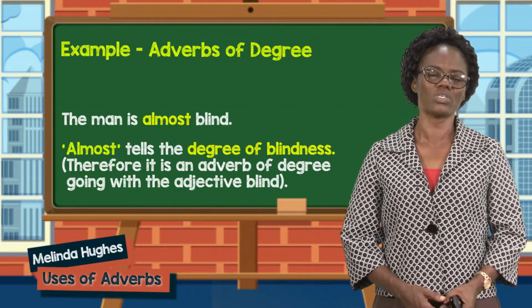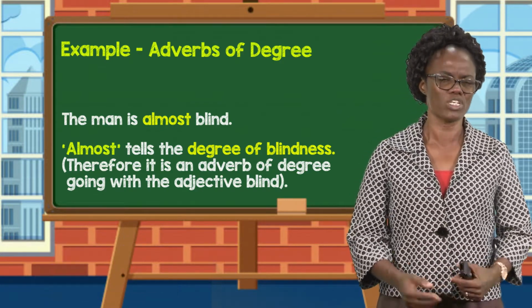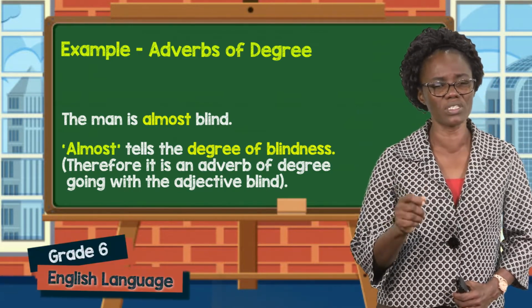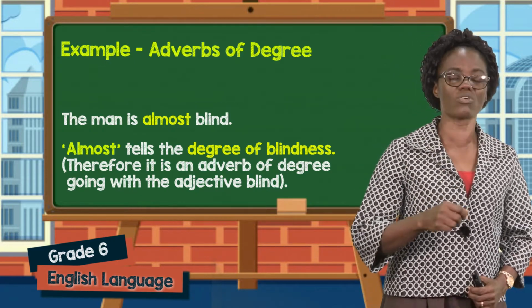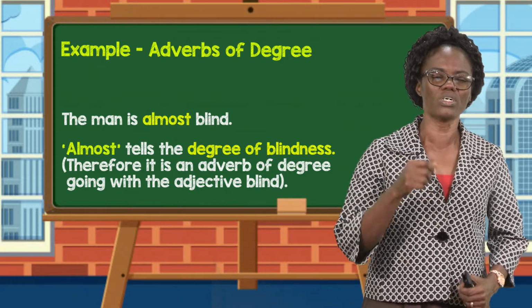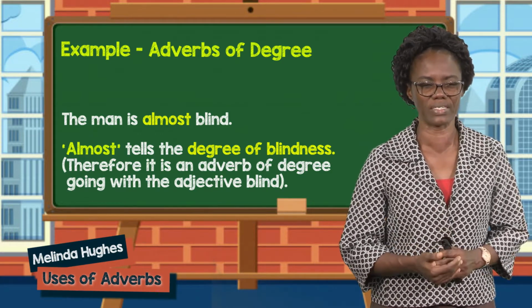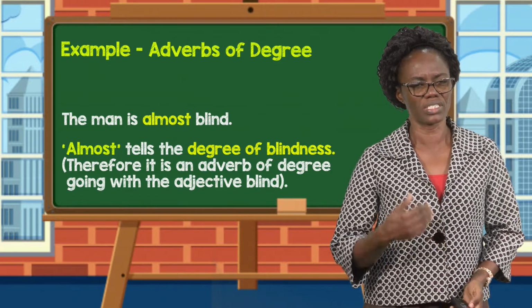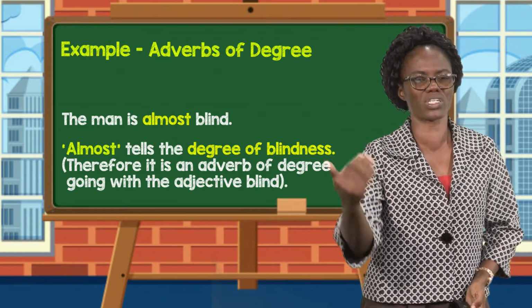And also, it gives meaning to an adjective, or it helps to describe. So in this example, the man is almost blind. We see the adverb almost modifying or adding more meaning to the adjective blind. So it tells to what degree the blindness is, almost. To what extent?